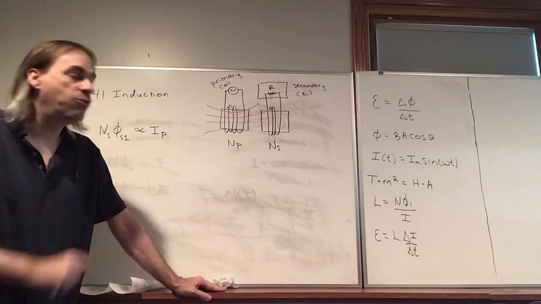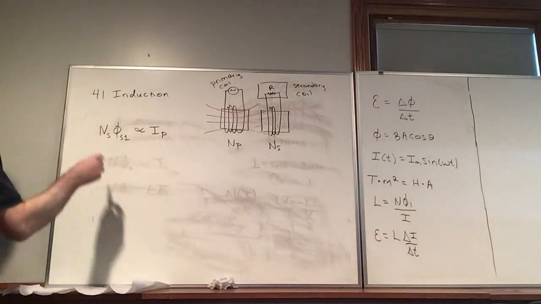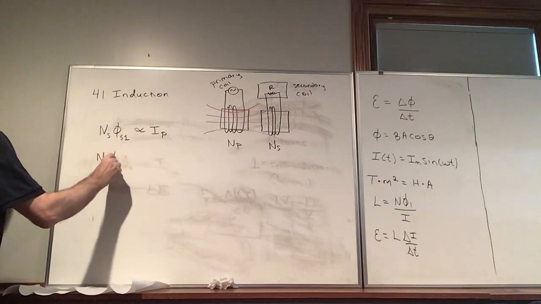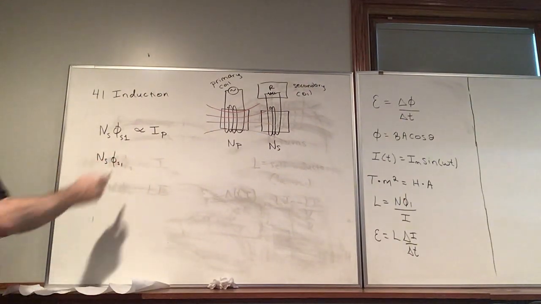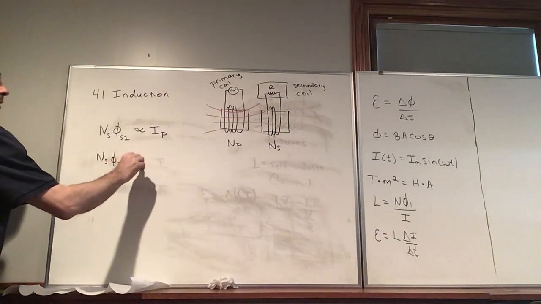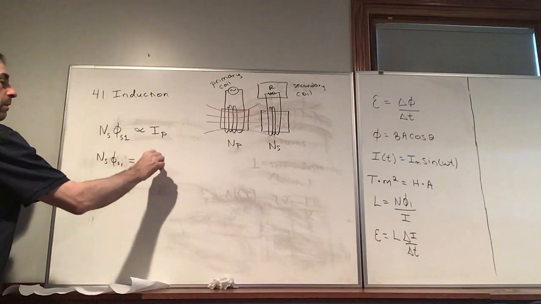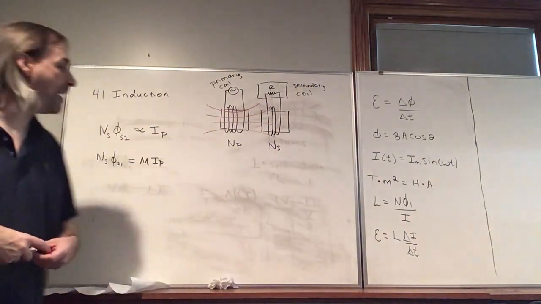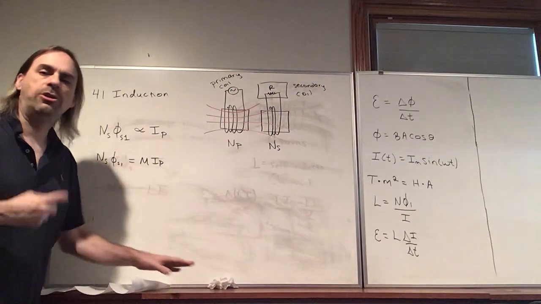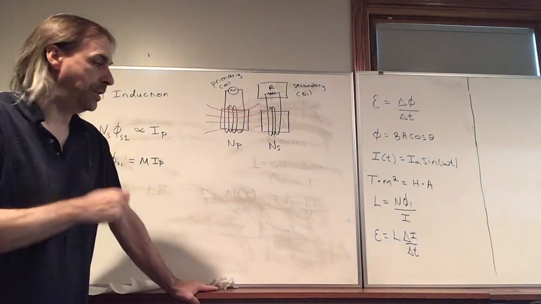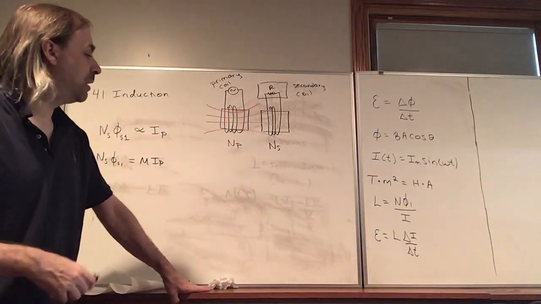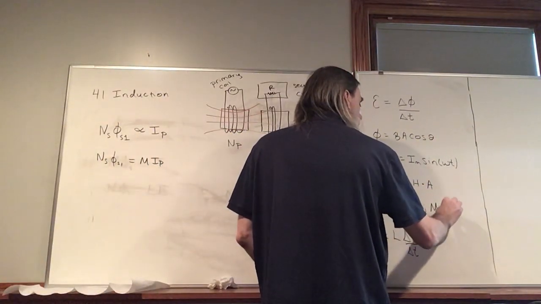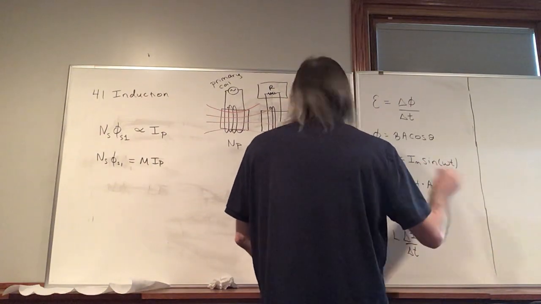So to turn this into an equation, we introduce a constant. Again, this is just the flux through the secondary coil. And we say M is what we call the mutual inductance, which is also measured in henries. I'm going to just write it a little differently here.